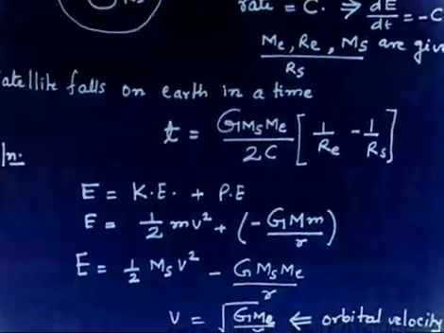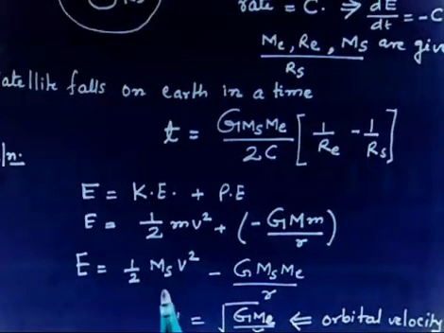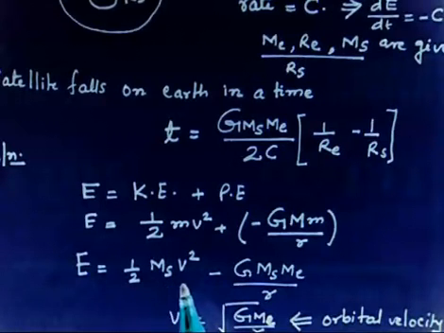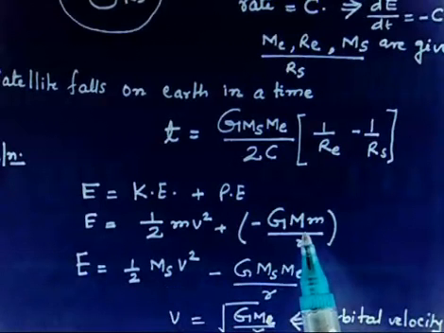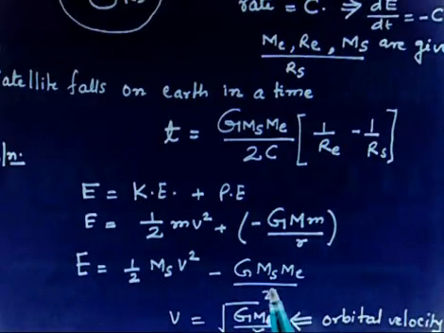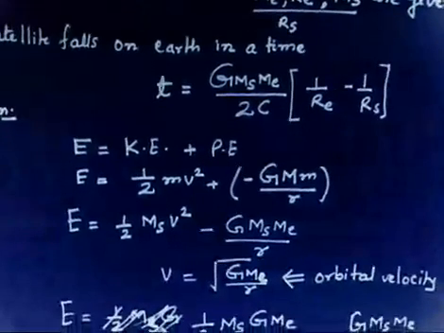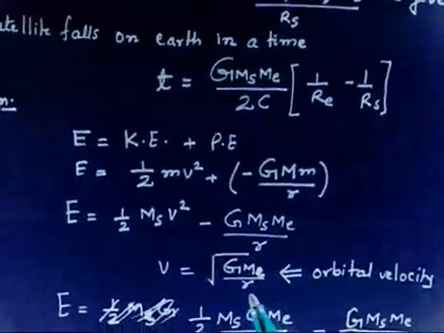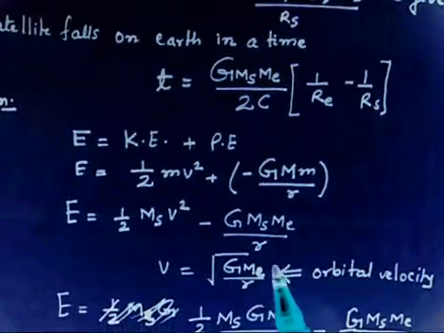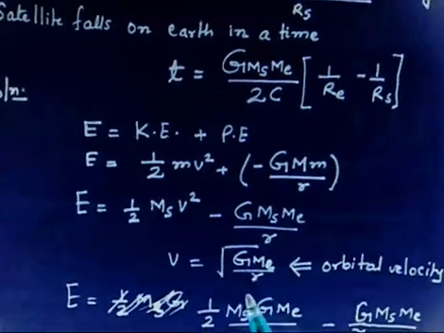Here I have the mass of satellite ms and the mass of earth Me, so G ms Me by r. Now if you remember, the orbital velocity is under root G Me by r, where M is the mass of earth.